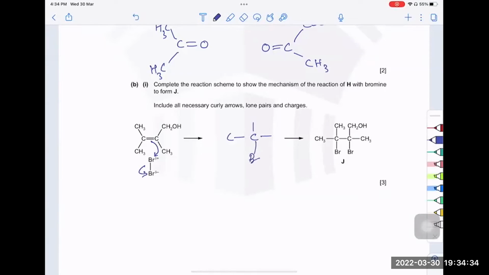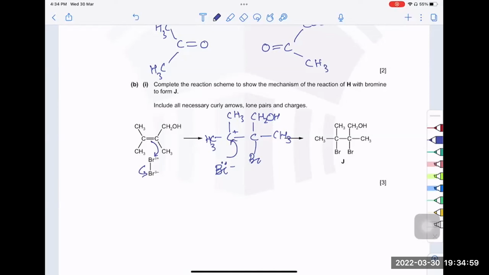So let me just give this one bromine. And now I have a carbocation here. And this is CH3, this is also CH3, this is CH2OH, and this is CH3. And now the bromine, which had a lone pair that was taken from here, let me just put the lone pair somewhere closer. So yeah, this is a lone pair. Now this lone pair will attack this.